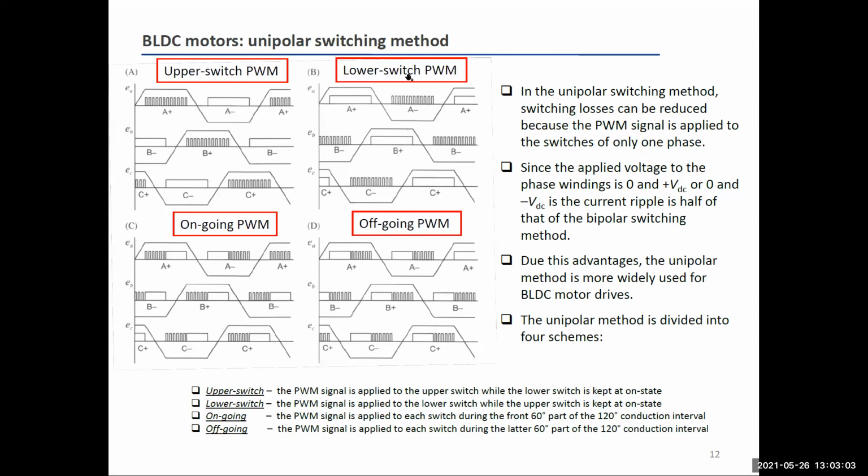I apply pulse width modulation to the lower switch, T4, but I always keep the transistor T5 in leg C on. Or you can have a mixture of the two situations. You can have A minus C plus where for half the period the switch is closed and the other half of the period it is pulse width modulated, and so on. So you can get the same results.